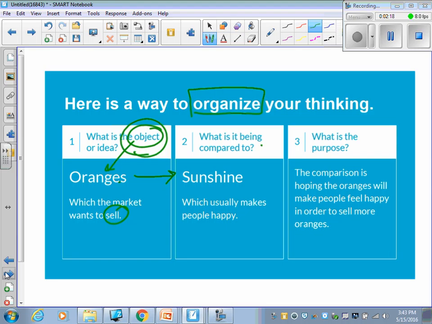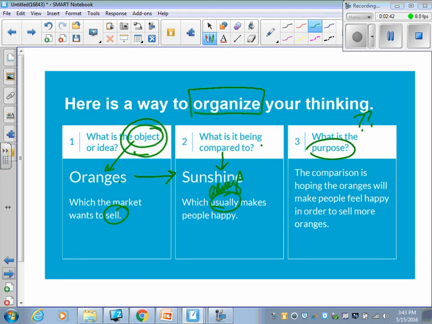It is being compared to sunshine, which typically or usually, notice absolutes, if you've already seen that video, we said we didn't use always, but we use the word usually, makes people happy. So we've got oranges compared to sunshine, and now the question is, what is the purpose?